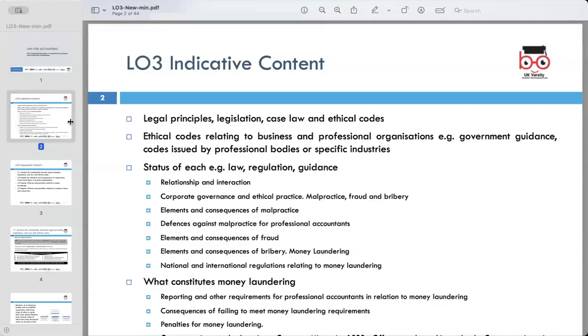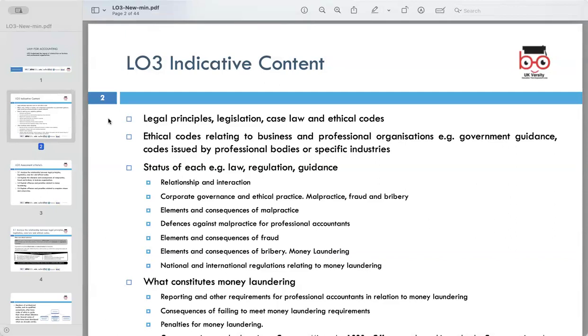Okay, no worries. So, the indicative contents. My name is Yasir, and if there is any issue, please do let me know during my session. Indicative contents: legal principles, legislations, case laws, and ethical codes relating to business and professional organizations, for example, government guidelines and codes issued by professional bodies.